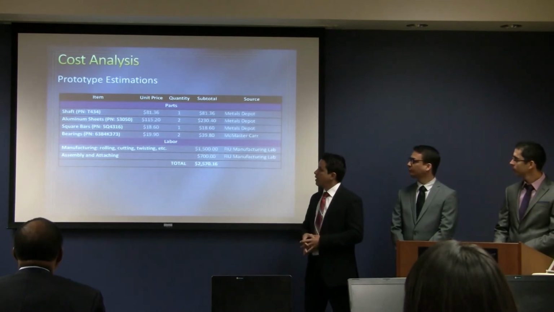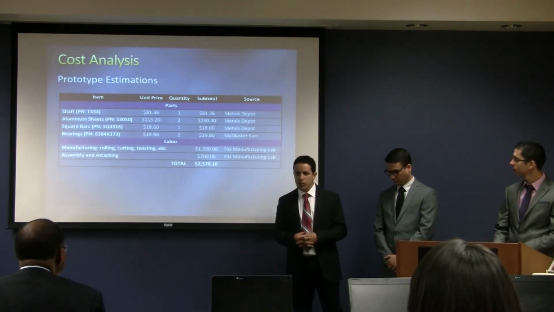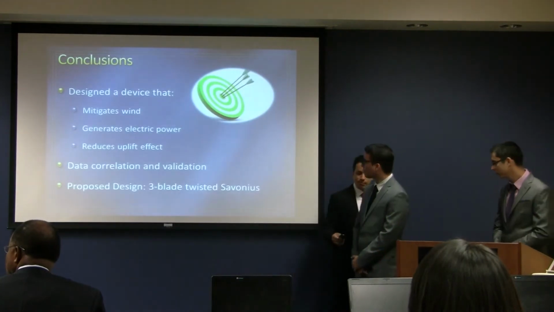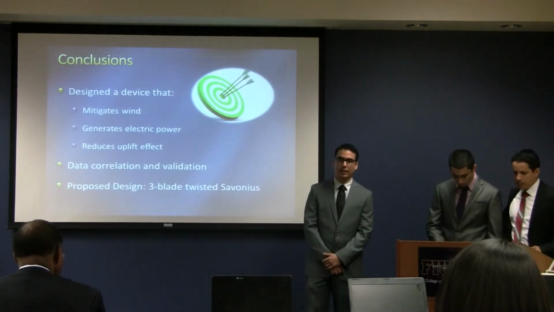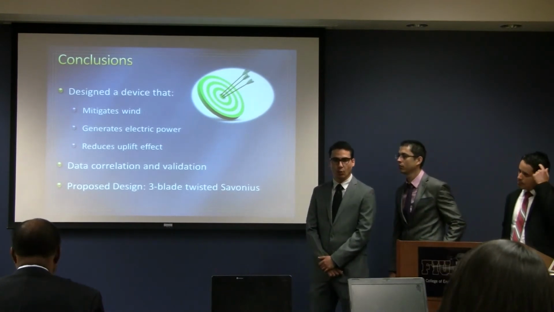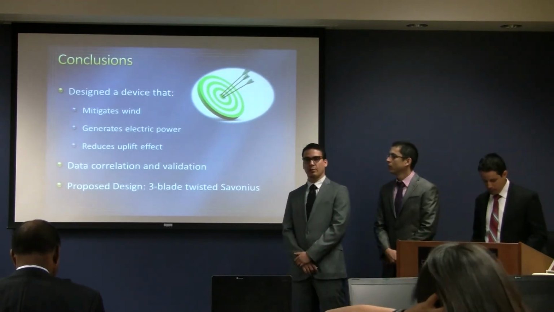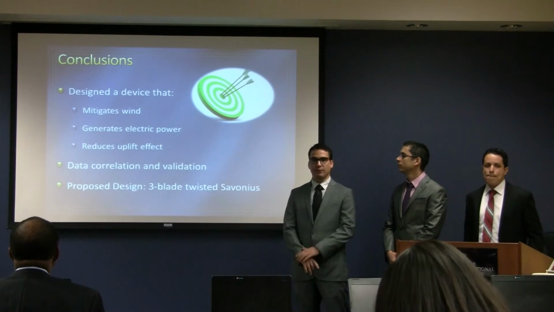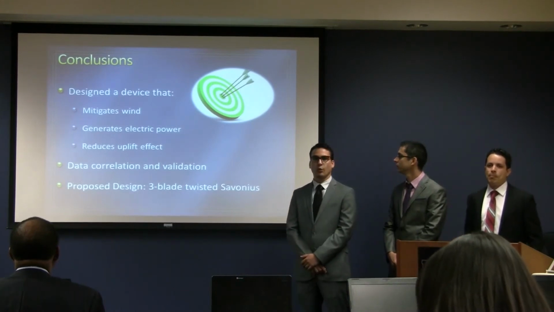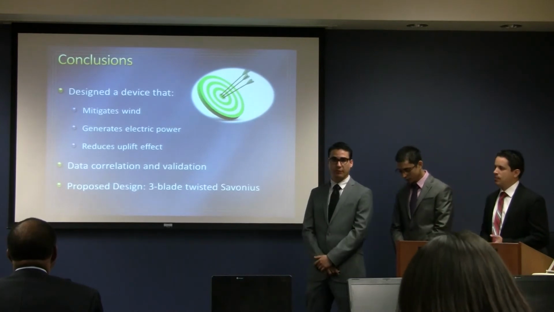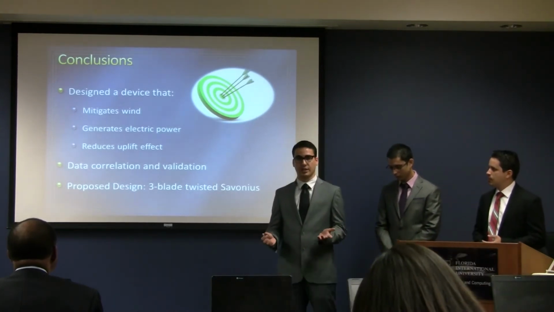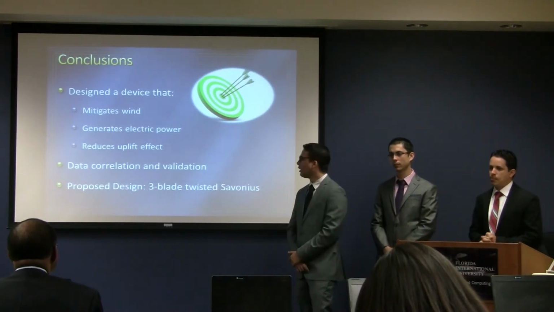Now, with all that, I give you Joel, who will present our conclusions in this project. Thank you, Mark. So, in conclusion, we were able to design a device that will mitigate the wind, will be able to generate electric power at different wind speeds, and will reduce the uplift effect. We're predicting a reduction of the uplift effect of almost 80% at 10 meters per second.